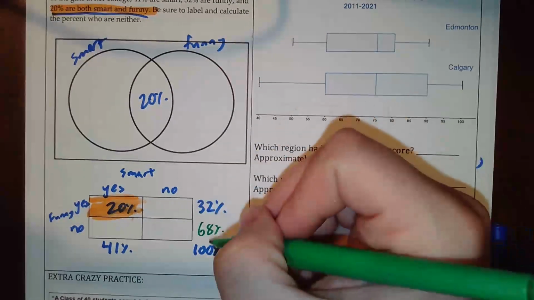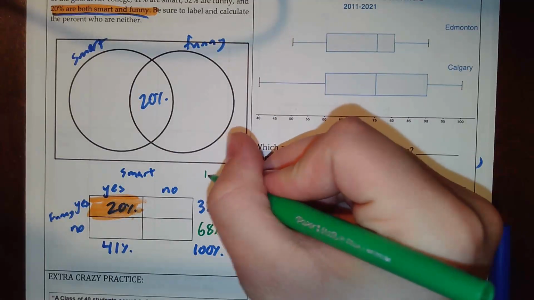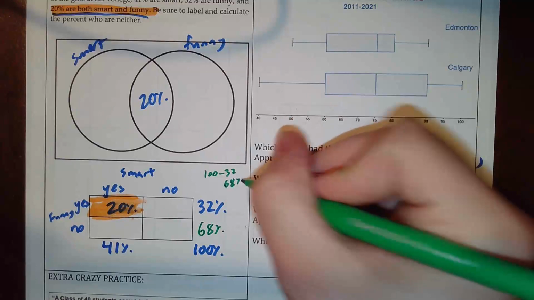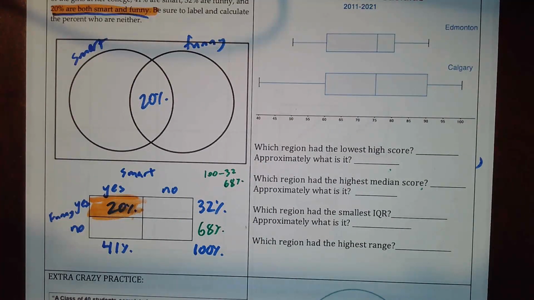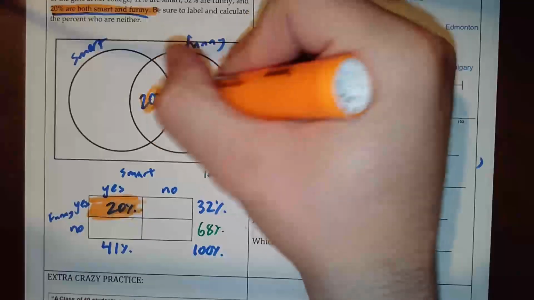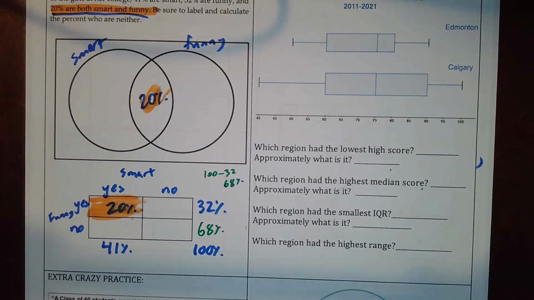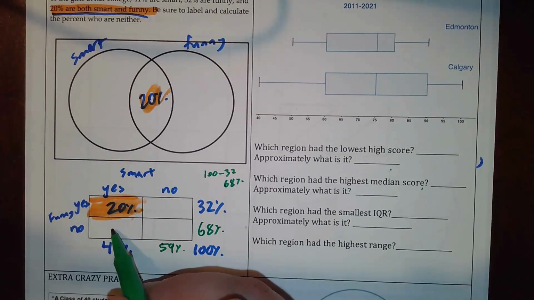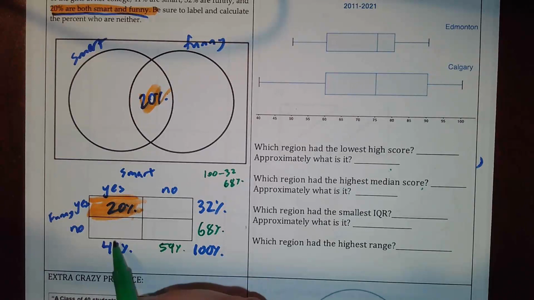So far I did 100 minus 32, and I got 68. 100 minus 41, the answer is 59. 41 minus 20 is 21.